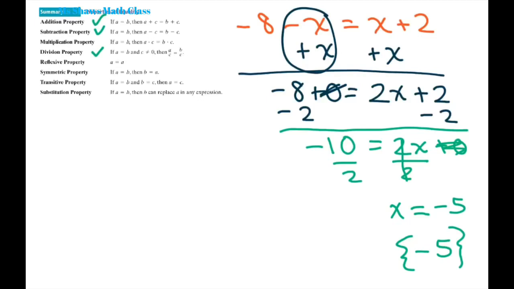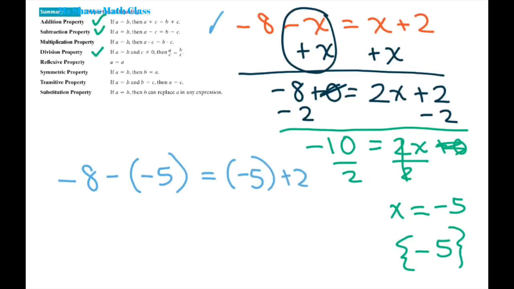Now we're going to plug in and check our solutions here. So you have negative 8 minus, everywhere there's x, put negative 5. And I just put parentheses everywhere there's an x, especially in this case, you have these two negatives. So you have negative 8.